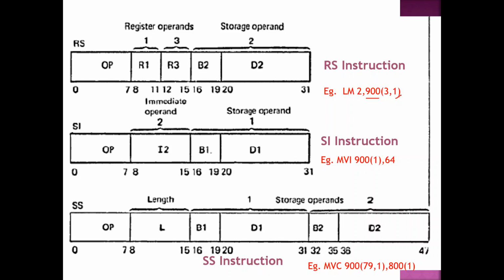So the format should be 900 in the bracket 1. That's all the format, right? Because the memory location is going to be represented using the displacement and the base register. Okay. LM here means load the value present in this location 900 into two registers.